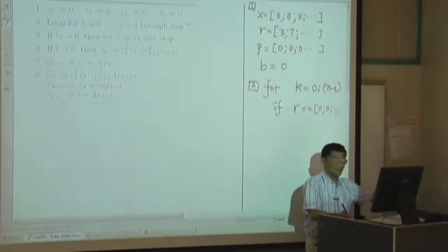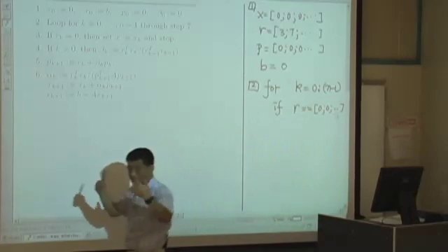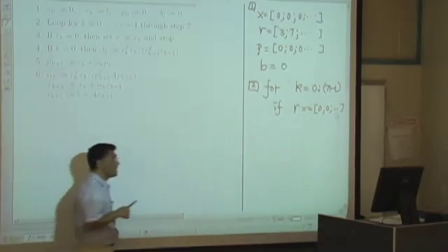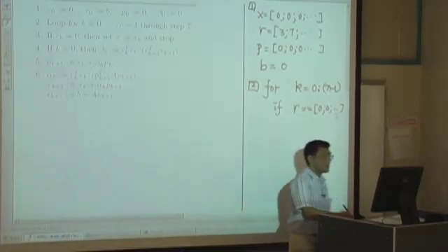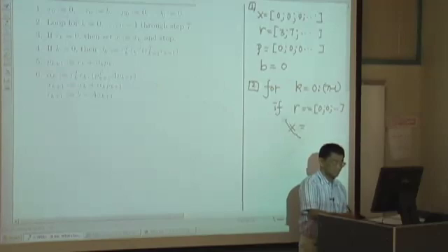It's not a real code. You should really implement these things using your language and syntax, right? I'm just giving you the idea. If this happens, then solution equals X and stop, right?